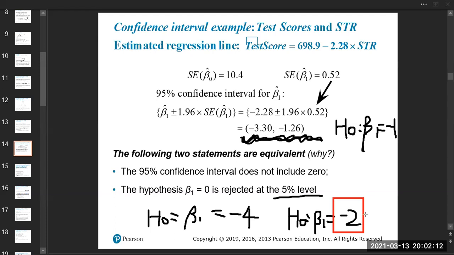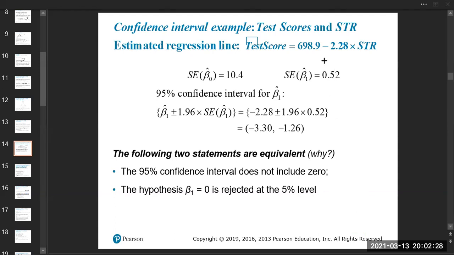My null hypothesis might be true. It might be true, it might not be true, but I just can't say that I'm 95% confident that it's not true. Or just think of it as: I cannot say it's not true at this confidence level, or at this significance level.